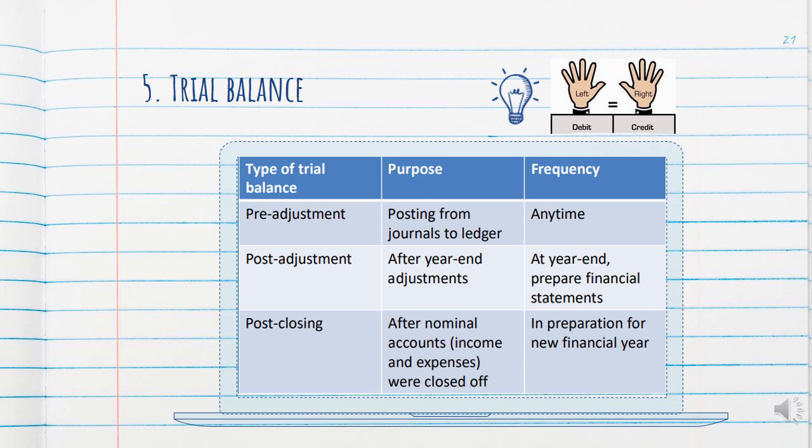So that is the only reason we do a trial balance, to make sure that our debits equal our credits, because that means that our financial statements are faithfully represented and comparable and relevant and all that good stuff.